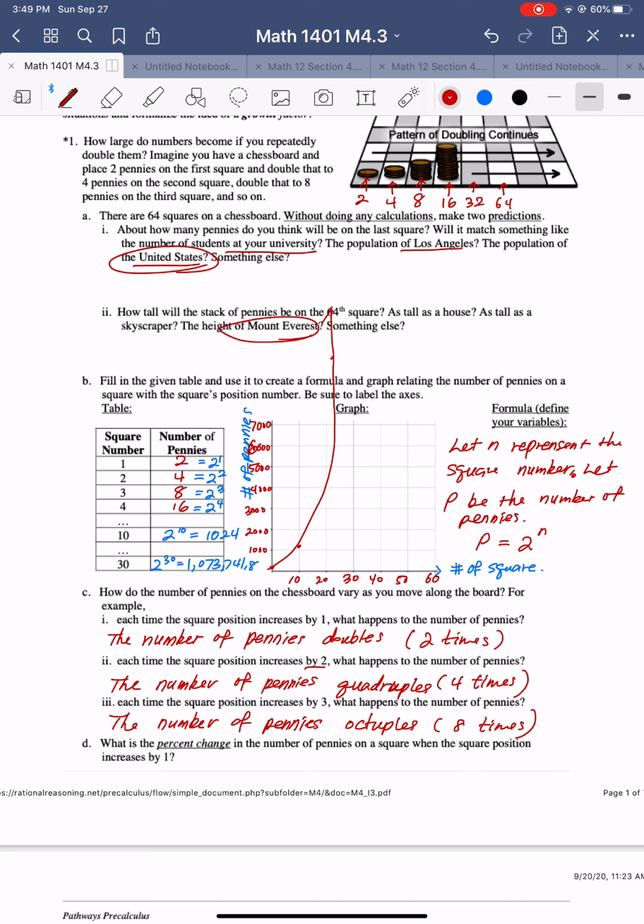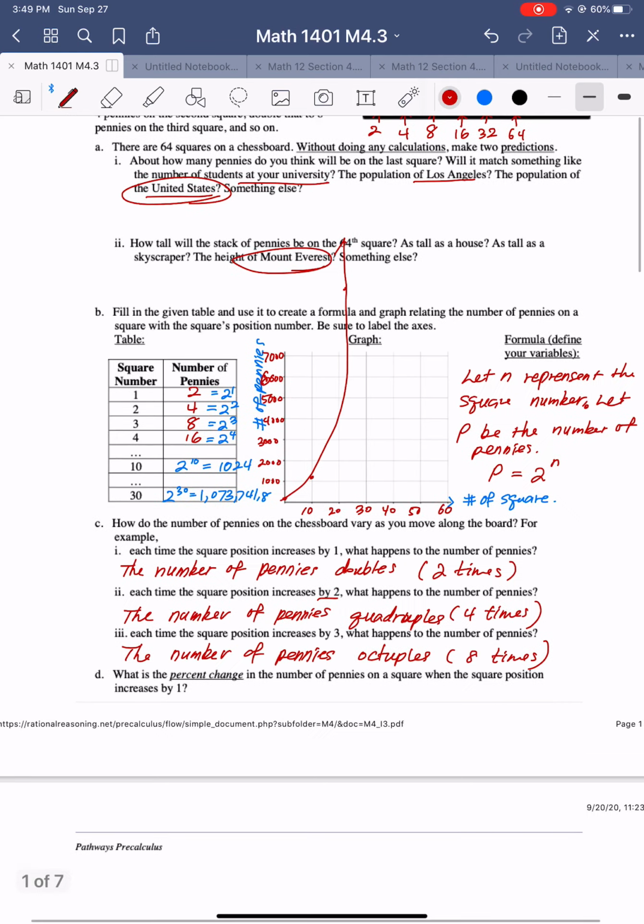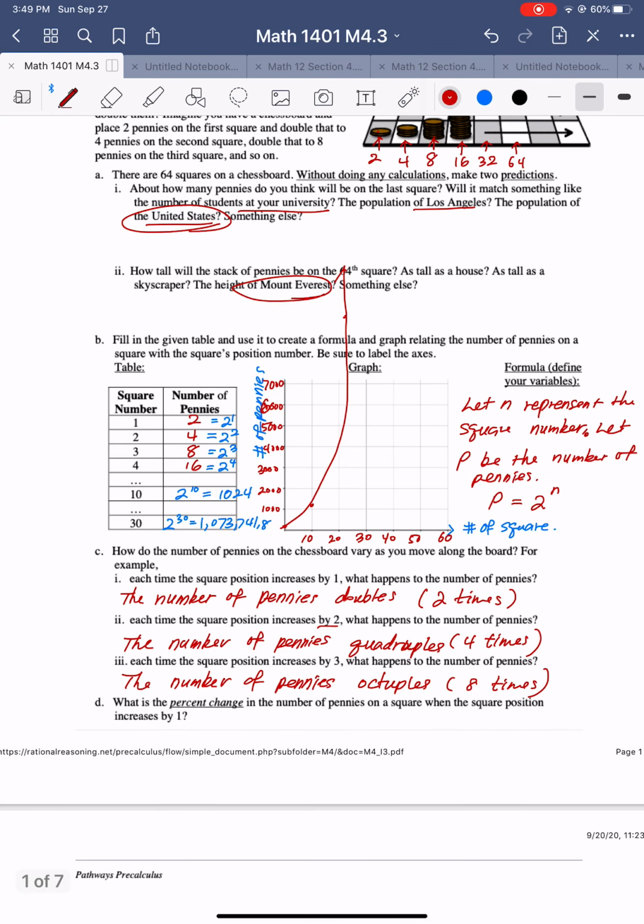Now D: what is the percent change in the number of pennies on a square when the position is increased by 1? In this case, when the square position increases by 1, the percent change in the number of pennies is 100%, because the number goes 2, 4, 8, 16, and so on.